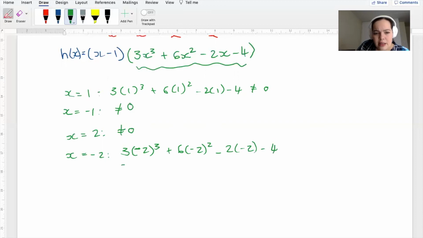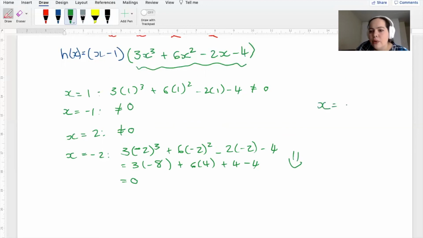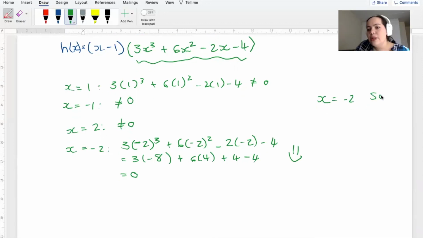We're going to get 3 times negative 8, plus 6 times 4, plus 4 minus 4, and this is going to give us 0. Yay! So for this cubic portion, we can now see that x equals negative 2 is a solution, and x plus 2 is going to be a factor.